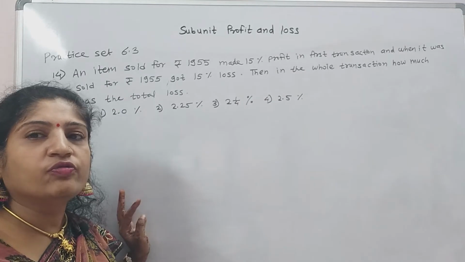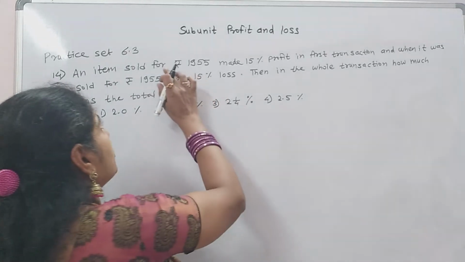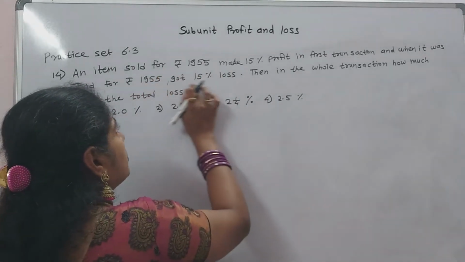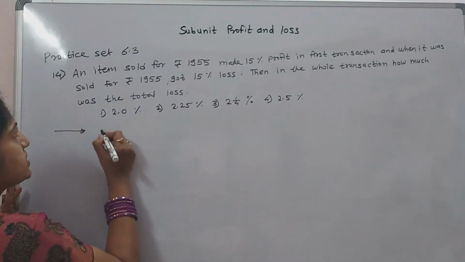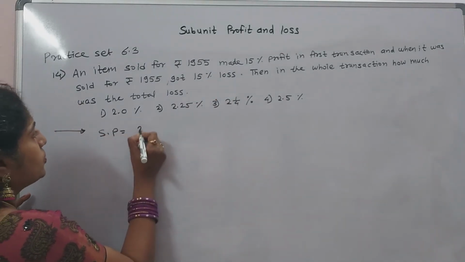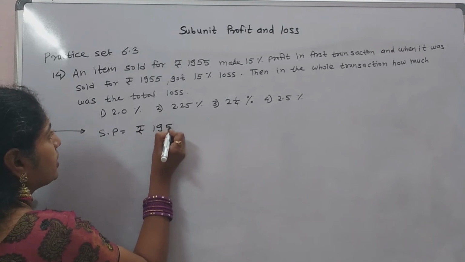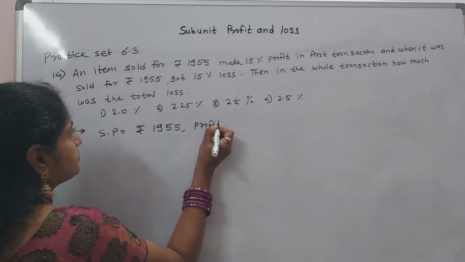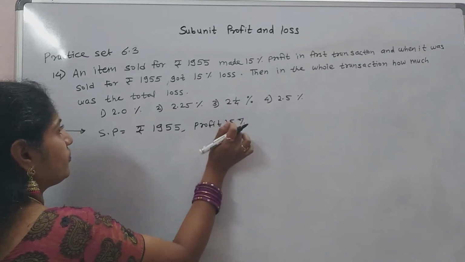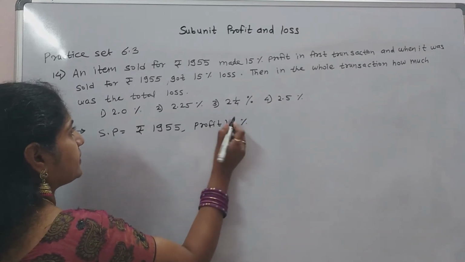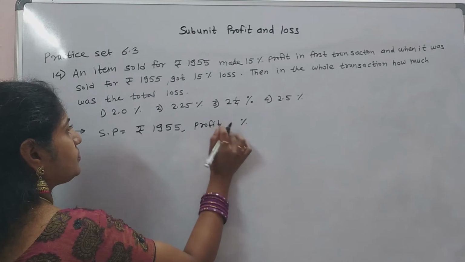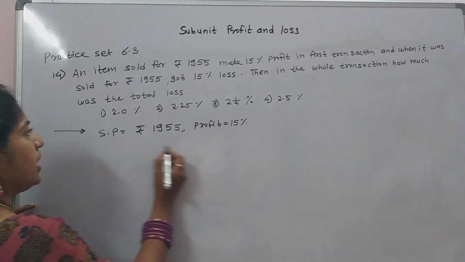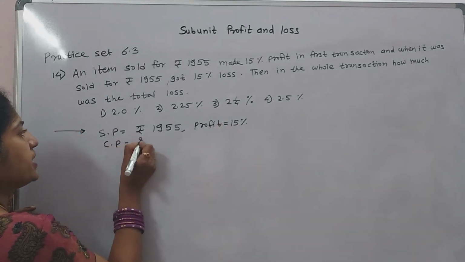So we have to first find out the cost price of this atom and cost price of this atom. For first, selling price equals rupees 1955, and there is the profit 15%. And we have to find the cost price.